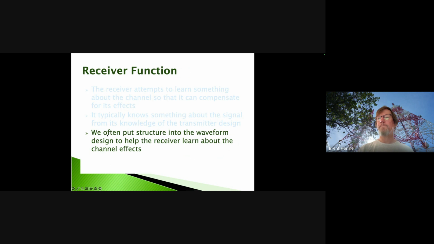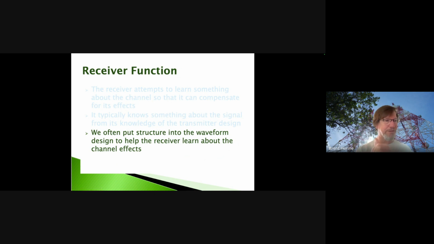Now, we often encode certain structures into the waveform design beyond just the information we're trying to send. We're modulating the waveform with the information we're trying to send to the receiver, but we also include some features in that waveform so that the receiver can measure those.